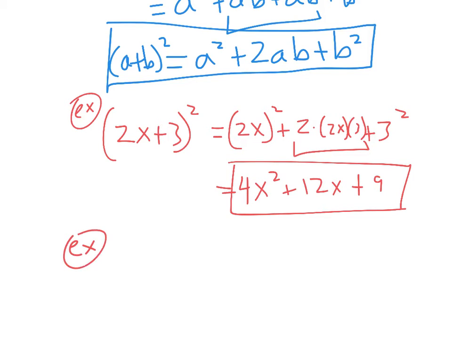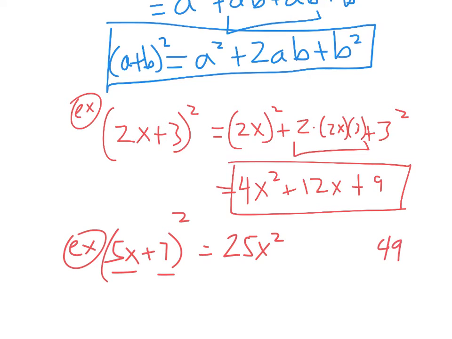Let's try one more. What if we have (5x plus 7) squared? Okay. We're going to square the first. 5x squared, 5x times 5x is 25x squared. Square the second thing, 49.